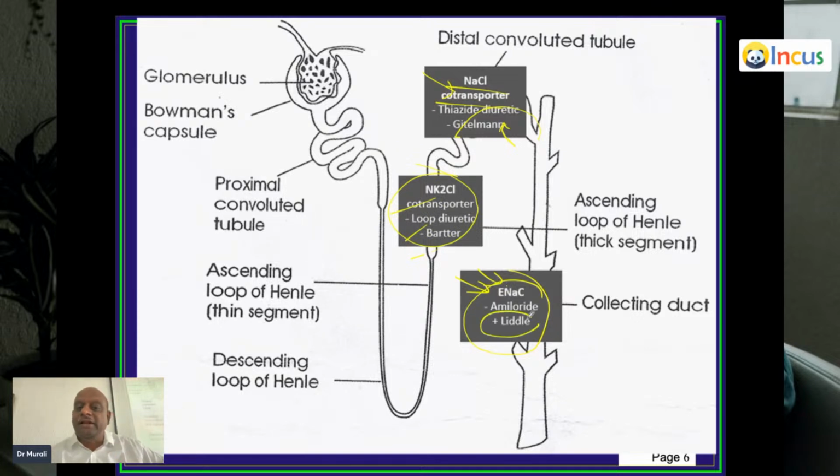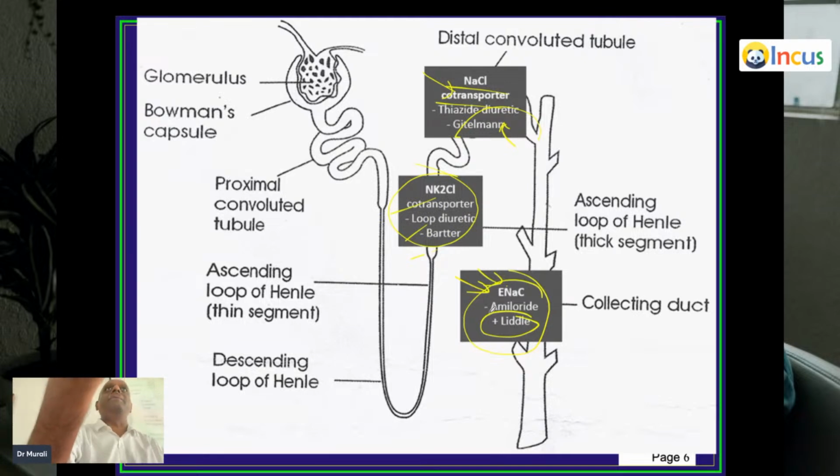But if there is Liddle syndrome, Liddle is a condition where epithelial sodium channels constitutively remain open. What is the meaning?